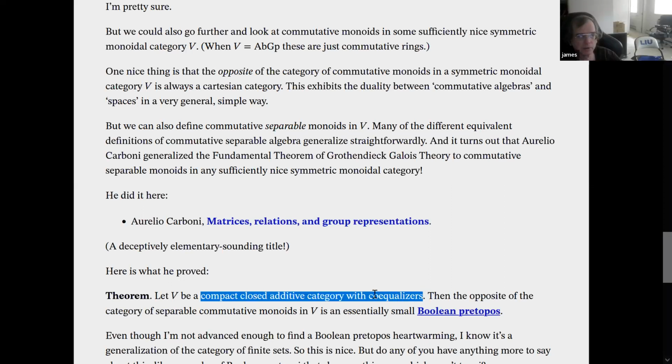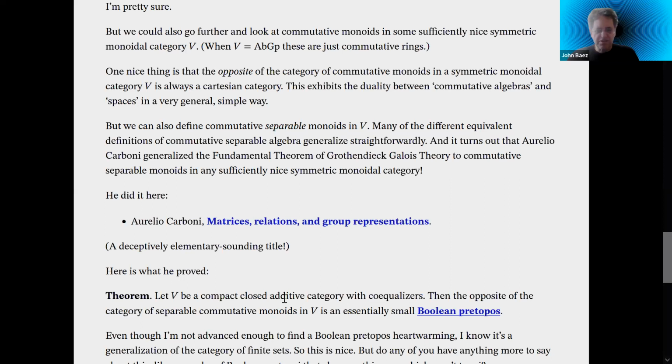And we need the co-equalizers so that we can do things like tensor actions of a monoid and get another action of a monoid, stuff like that. But it's additive, so that forces us into linear algebra land a little bit.